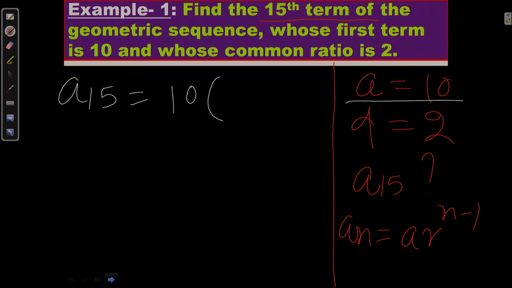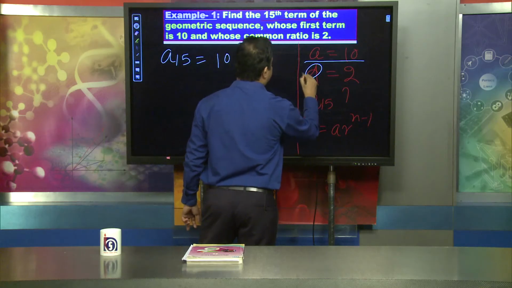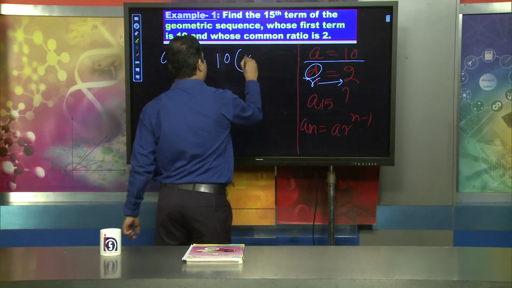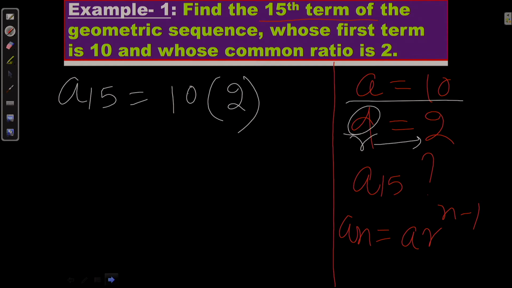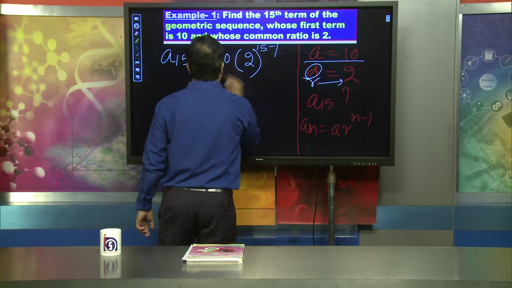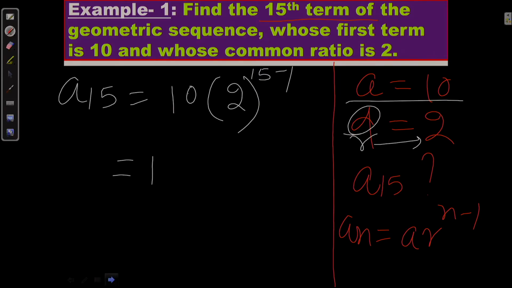Remember, in arithmetic progression it was d; here it is r. The r value is equal to 2, so 2 raised to the power n minus 1, that is 15 minus 1. So I can write 10 into 2 raised to the power 14, and just solving it you will find the value of a_15.